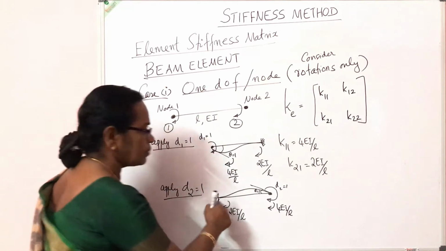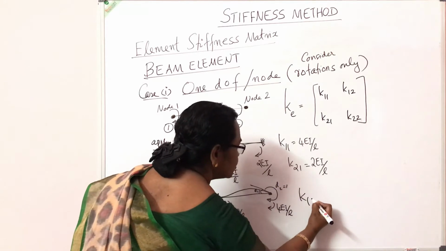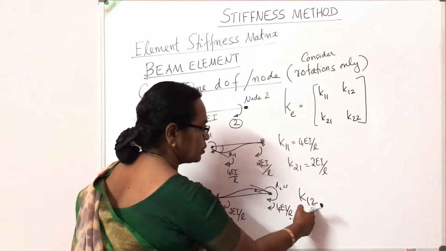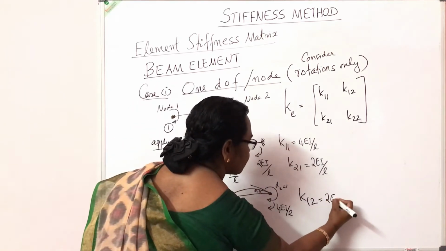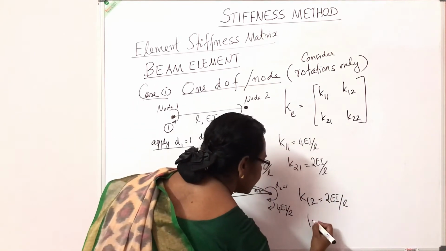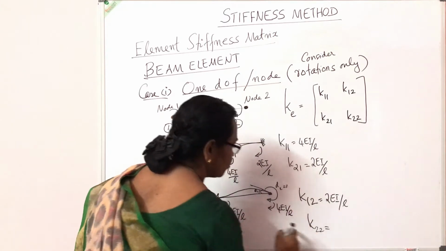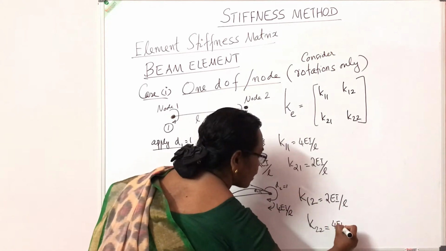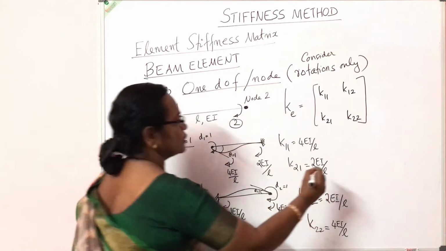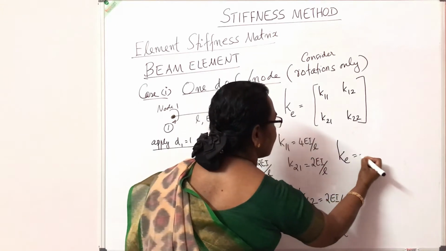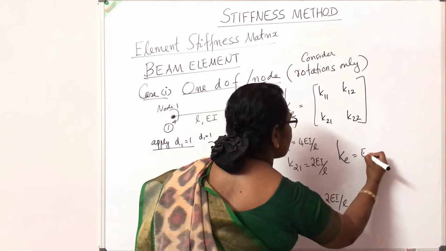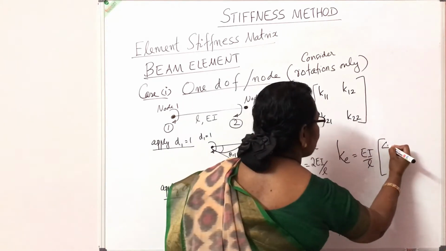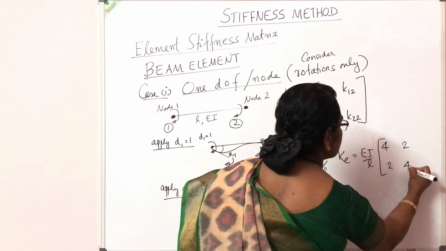So what is this? The moment developed at coordinate 1 due to unit rotation at 2, K12, is 2EI by L. And this is K22, the moment at coordinate 2 due to unit rotation at 2, which is 4EI by L. Hence, I can write the element stiffness matrix ke as EI by L, taking it outside the matrix, 4, 2, 2, 4.